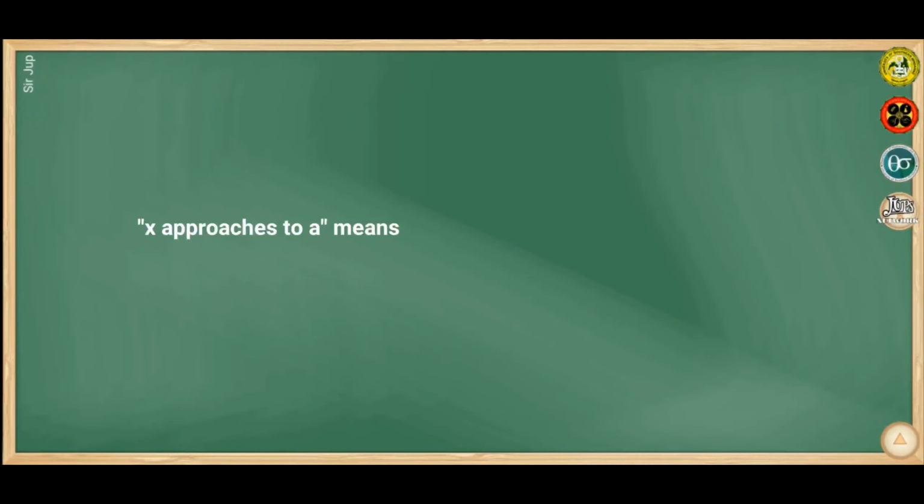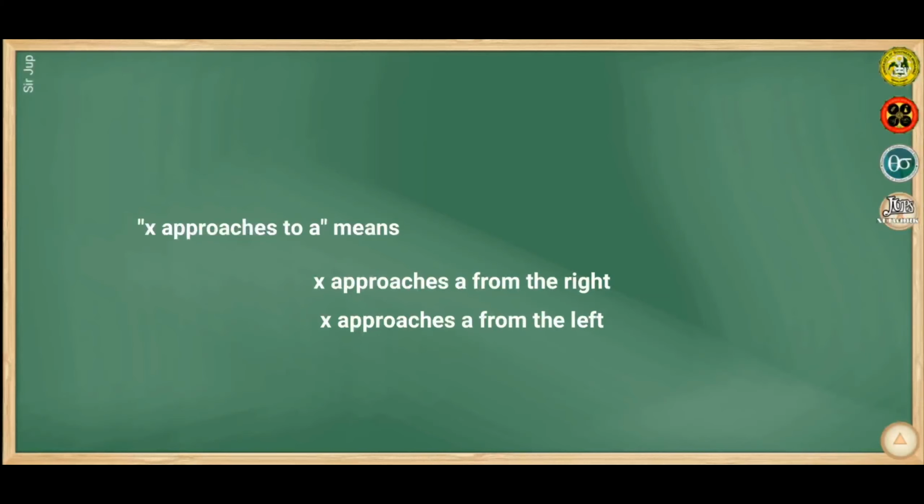Also, when we say x approaches to a, meron tayong dalawang direksyon. X approaches to a from the right and x approaches to a from the left. When we say x approaches to a from the right, it means ang i-consider mo lang na values ng x is yung mas malaki pa sa a.